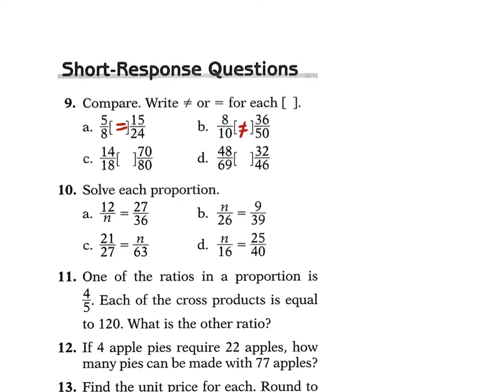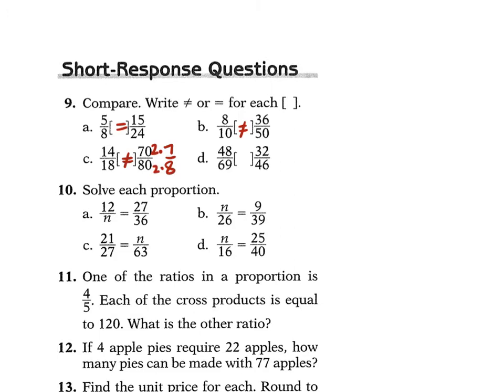For C, you have 14 over 18 is equal to 70 over 80. So 70 over 80 is 7 over 8, which if you multiply the 7 by 2, you get the 14, but 8 times 2 is not 18. So these are not equal to each other. And then for D, you have 48 over 69 and 32 over 46.